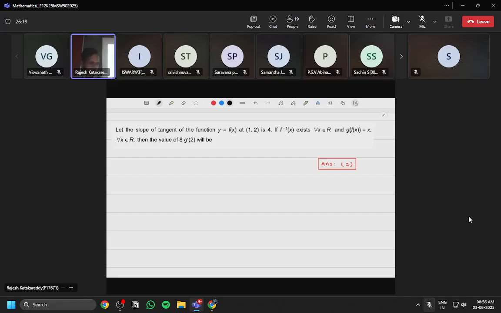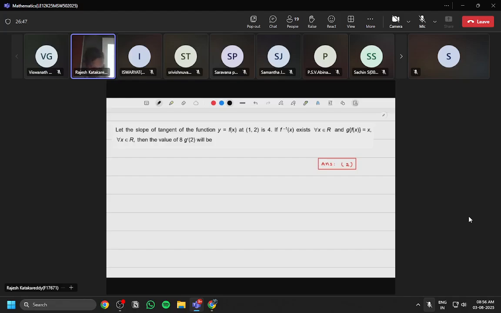If the inverse of the function exists for all x belongs to real and g of f of x is equal to x, that means g is the inverse of function f, right? Then find the value of 8 times f dash, g dash of 2. Now, this one we need to do using the chain rule. In this problem, they have actually given the composition that we need to use. Actually, they won't give it.